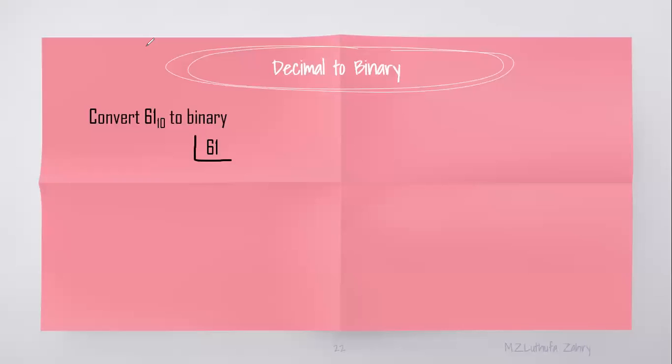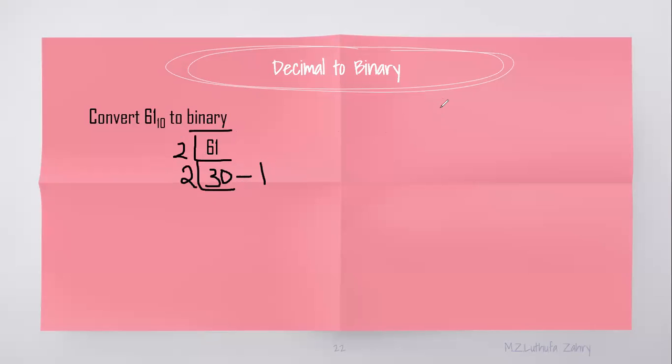Okay, fine. If they are giving a decimal number, whichever number system you have to convert to, here binary, divide by the binary base. So it will be 30 because 2 into 30 is 60. So 1 remainder. Again, till the quotient becomes 0, you have to divide it. Some people will find it hard to divide like this.